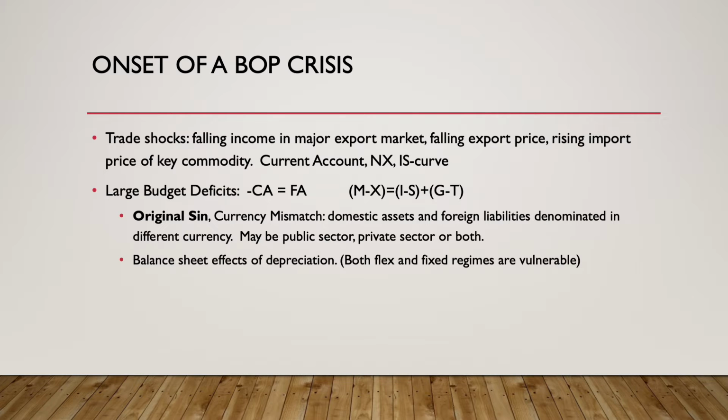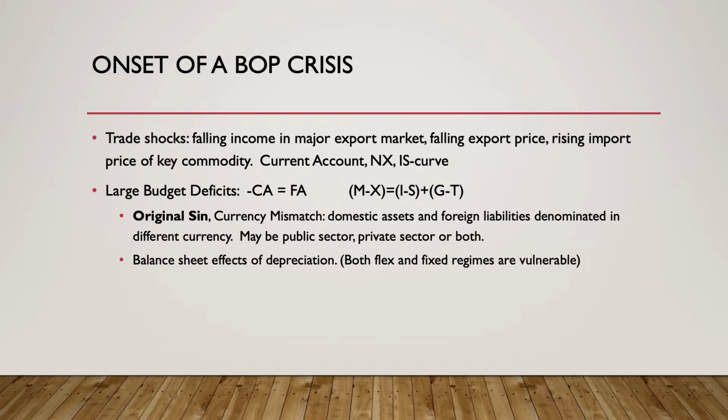A currency mismatch is when your assets and liabilities are denominated in different currencies. So a small emerging market takes out a large loan in US dollars, invests in some productive sector of their domestic economy, which is circulating, say, pesos. Their revenues and assets will be denominated in pesos, but their liabilities will be denominated in dollars.